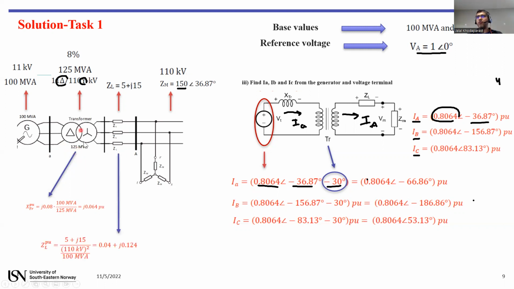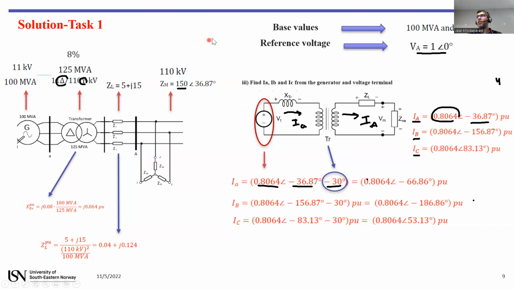According to the input, we know that the transformer impedance is 8%. However, this 8% is calculated based on 125 MVA, and the task asks us to consider 100 MVA as the base case. So we have to convert the 8% to a new value.